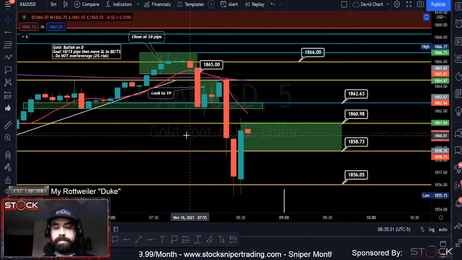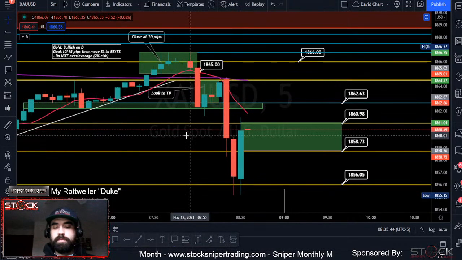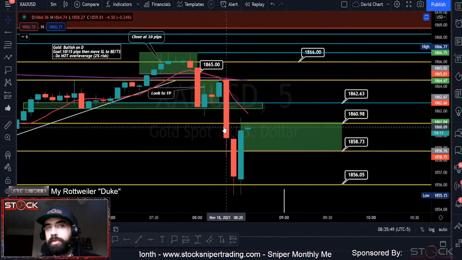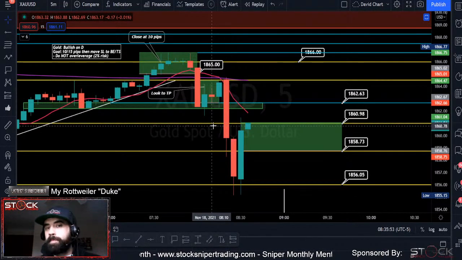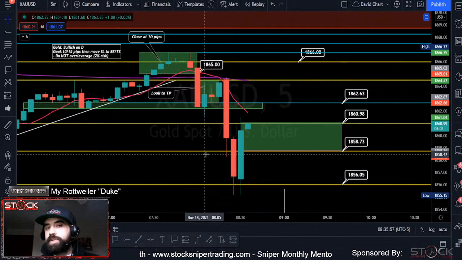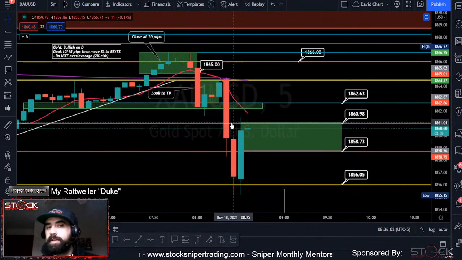Look, it's walking up now. Okay, look, starting to go bull. Okay, so it's still actually holding at that 1860.98. It hasn't broken above it yet, okay?